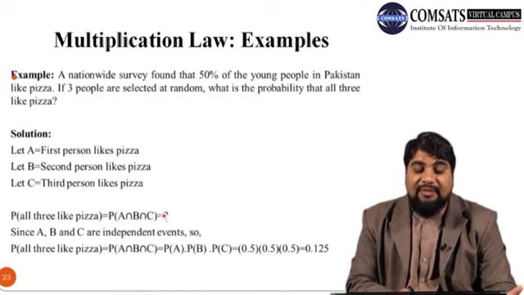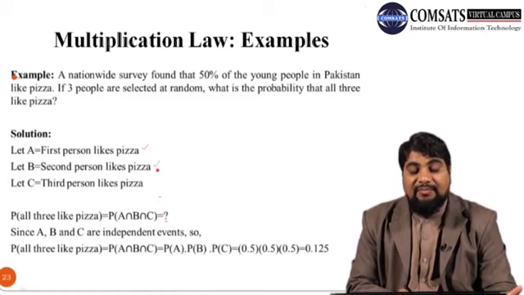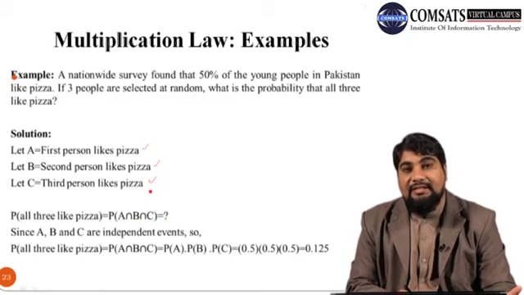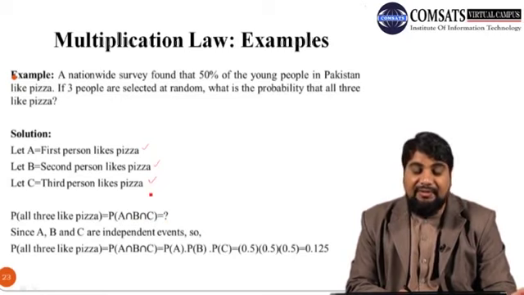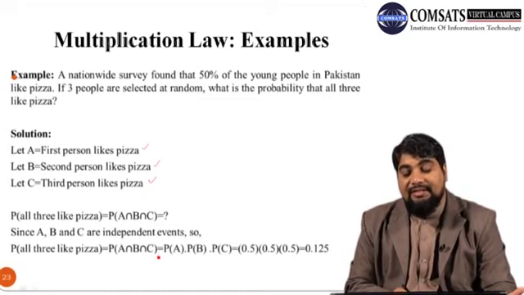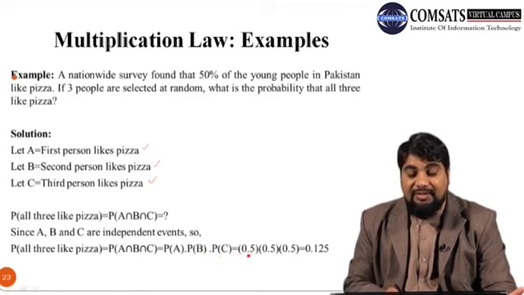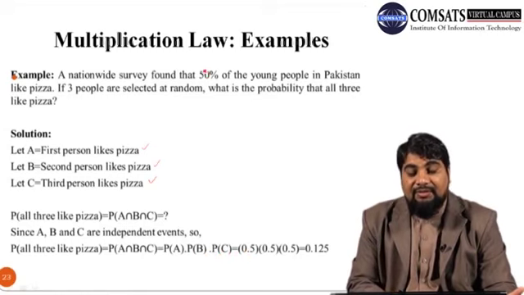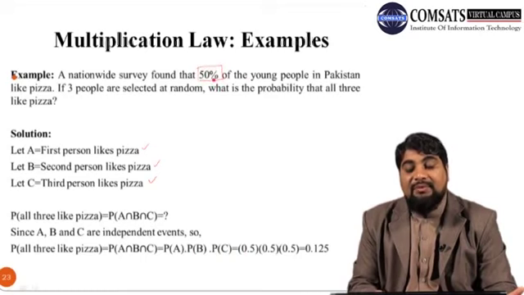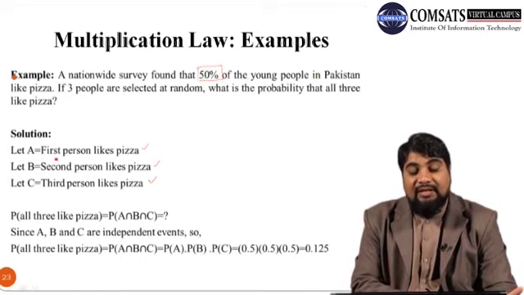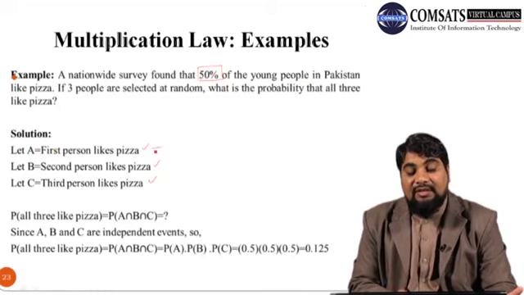Since all 3 persons, these 3 events A, B and C, are independent, A intersection B intersection C is equal to the product of the individual probabilities P of A, P of B and P of C. From this survey we know that 50% of the young people like pizza, so P of A is 50%, which is 0.5.